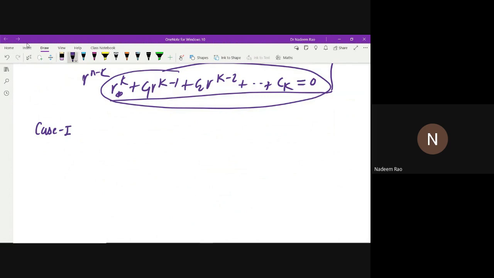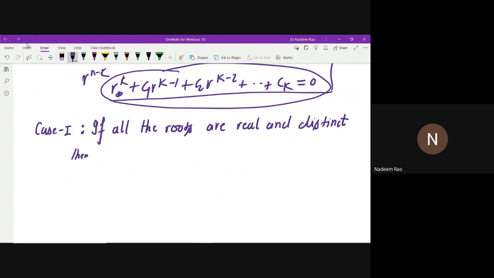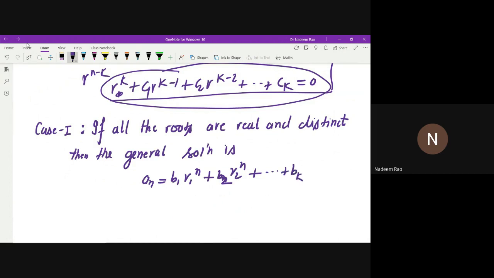In case first, if all the roots are real and distinct, then the general solution is a_n equals b1 r1^n plus b2 r2^n plus dot dot dot plus bk rk^n.